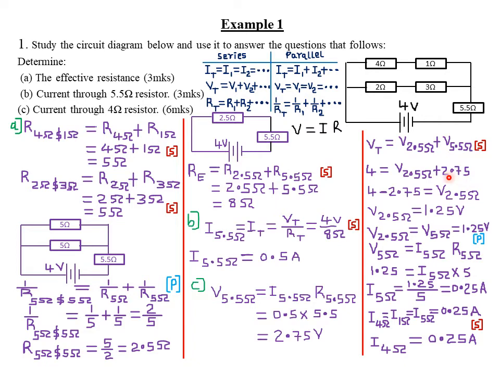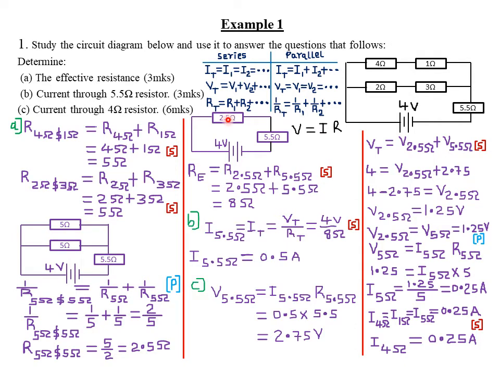If I make the voltage through the 2.5 ohm resistor the subject of the formula, I simply take 2.75 to the left hand side, so that 4 minus 2.75 is equal to the voltage through the 2.5 ohm resistor. Therefore, the voltage through the 2.5 ohm resistor is 4 minus 2.75, which gives 1.25 volts.